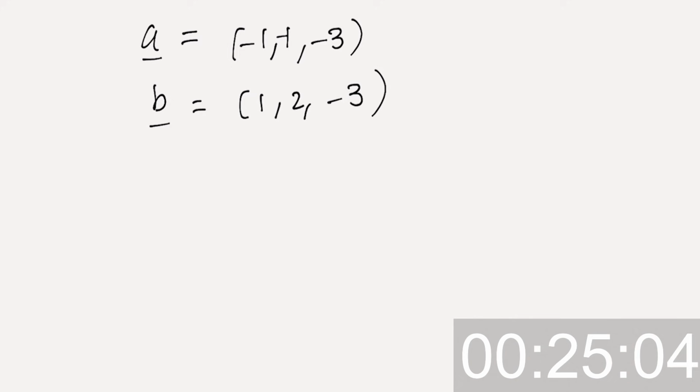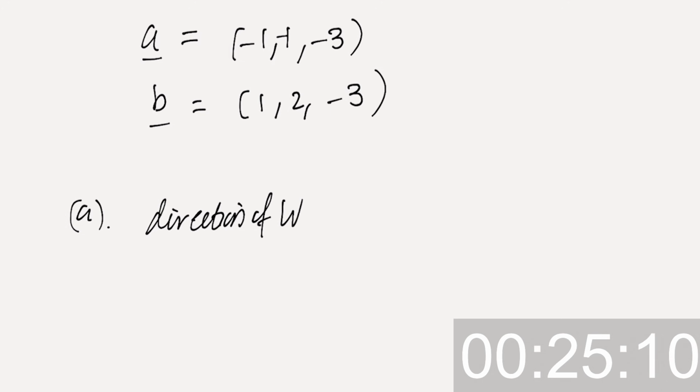Right, using one to calculate the acute angle between W and the road surface. Okay, so this is part A. The direction of W is between the two vectors.